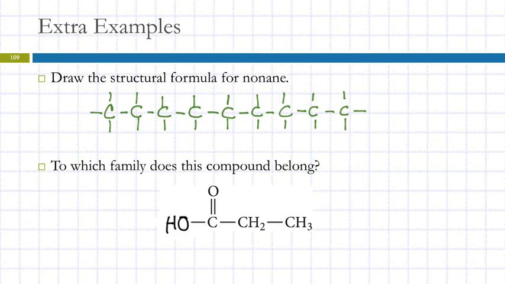So I've got my 9 carbons. The name nonane told me that, with single bonds. And then I need to fill in with hydrogens. Gets a little tedious, which is why we don't usually draw structural formulas for things that are this large. So many hydrogens.